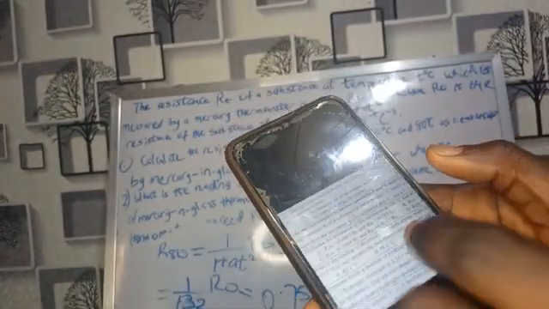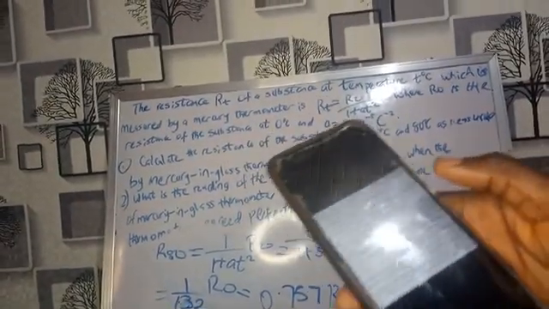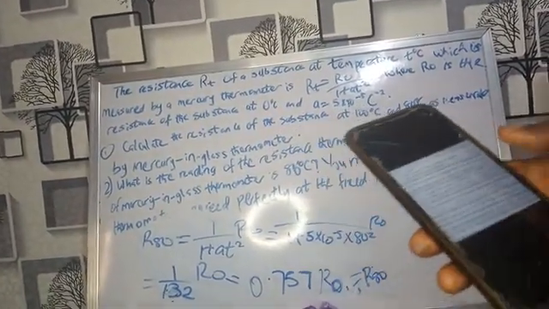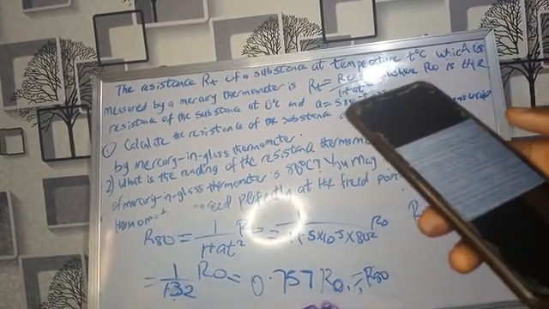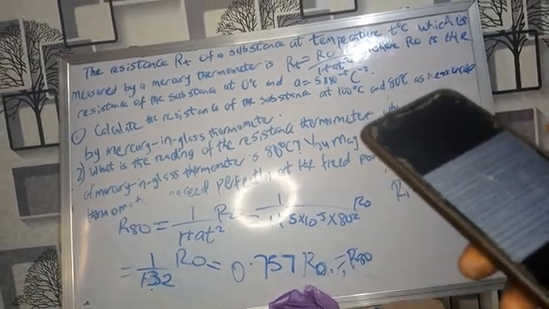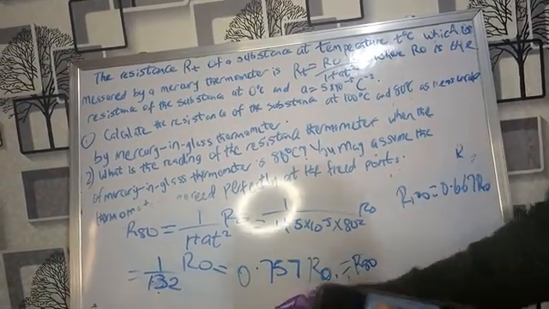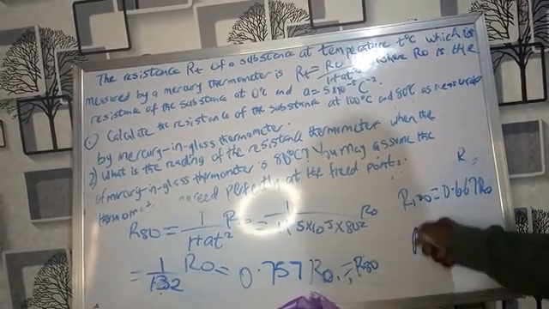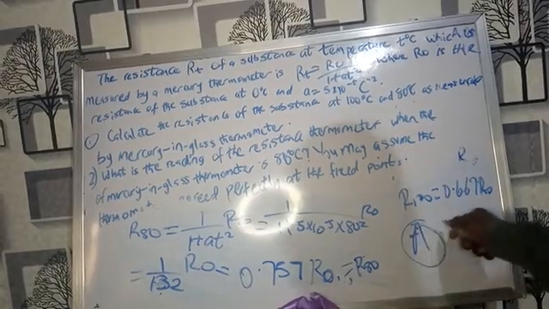So these are our options. Now from here we can see that option A matches with our answer, because R100 from our calculation was 0.667 R0 and R80 is given by 0.757 R0. So automatically A is our answer. So going to question 2 now.